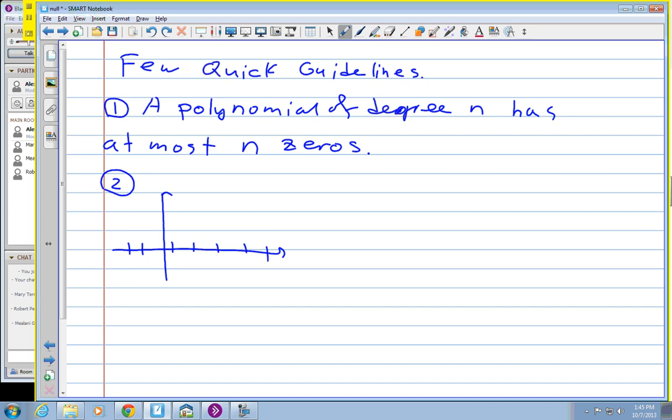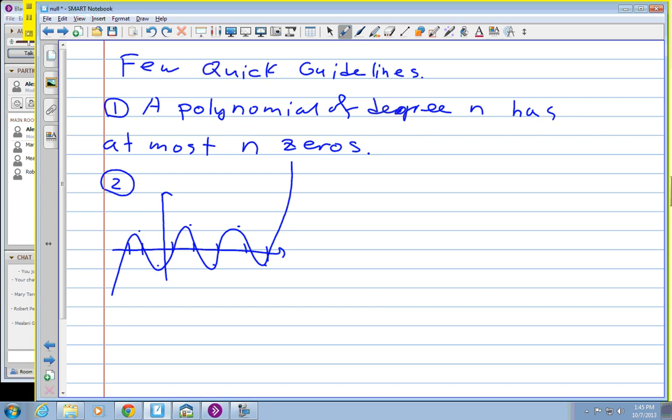Right? So the polynomial did something like that. How many turns did it take? 1, 2, 3, 4, 5, 6. Right? To draw that picture.